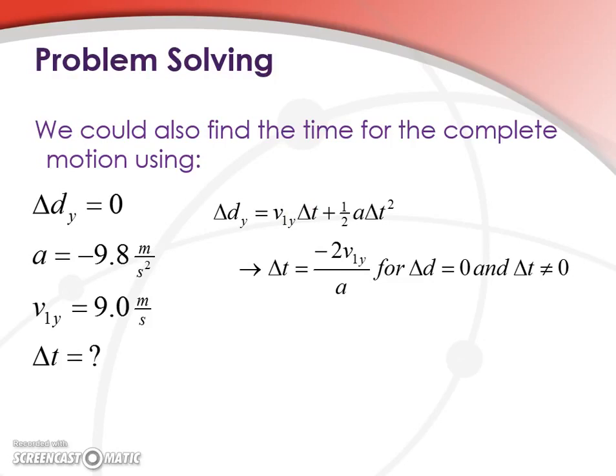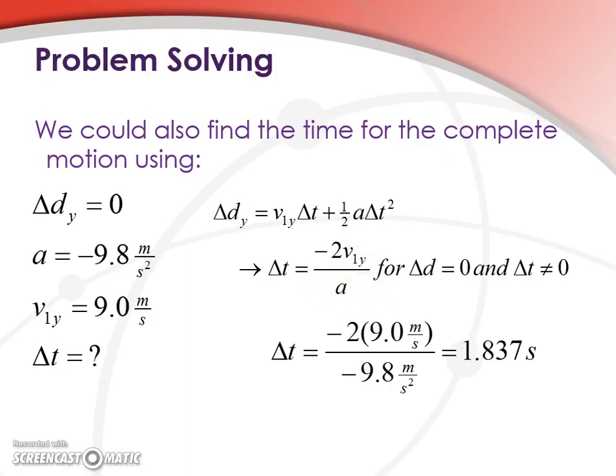It's at ground level. But we're not interested in that case, so we set delta t not equal to 0, since that's the trivial half of the answer, and instead solve for the other half of the expression and get delta t equals negative 2 v1y over a. And we can solve for this and get delta t equals 1.837 seconds, which is the same answer we got by using the multi-step approach.